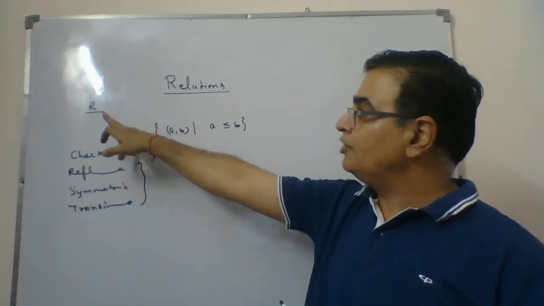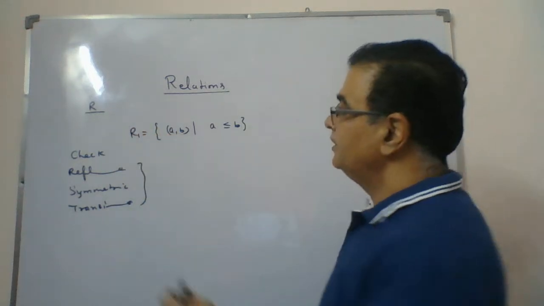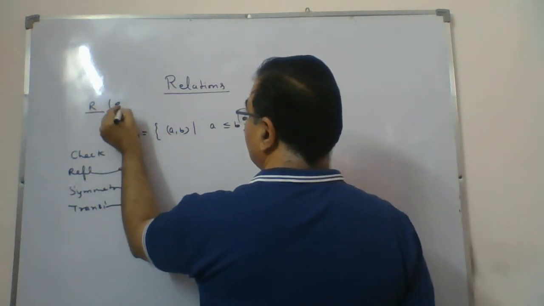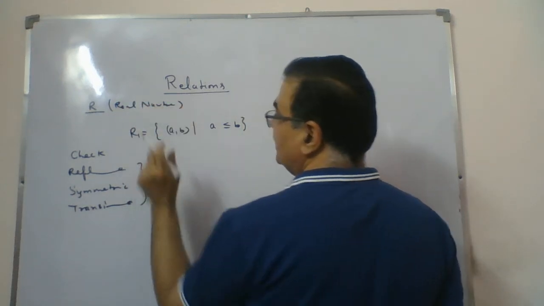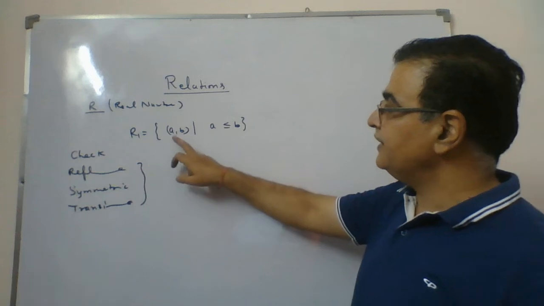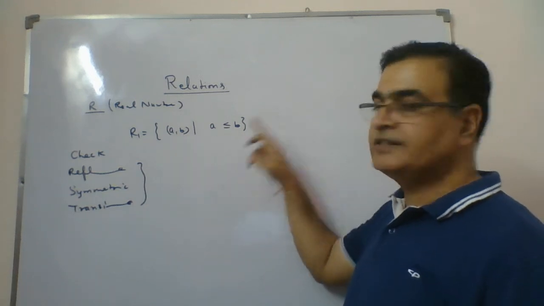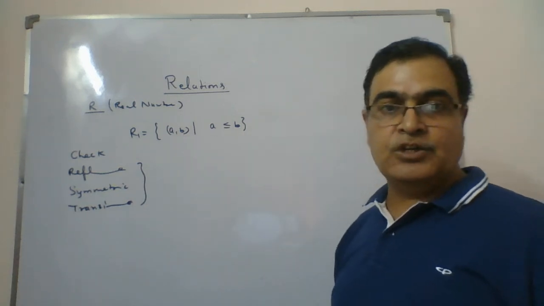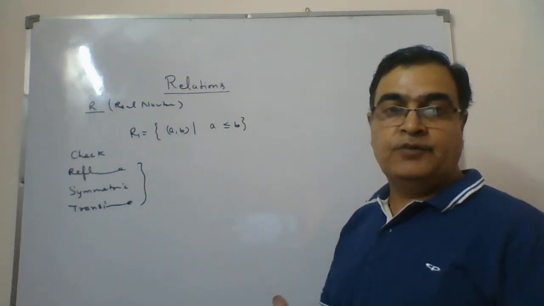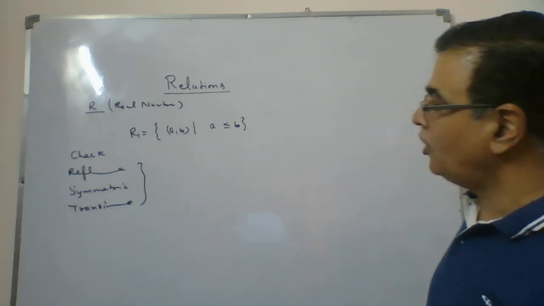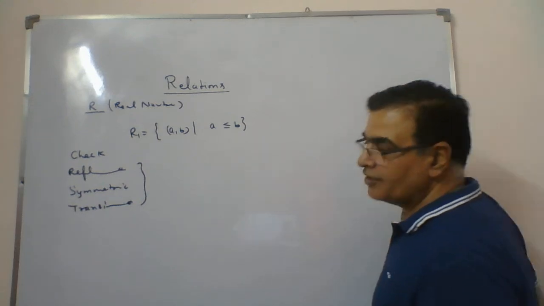This is a relation defined on real numbers, and this is denoted by R1, and what it says is that it is related if A is less than or equal to B. Then we should have the relation valid, and we have to check whether it is reflexive or not, symmetric or not, or transitive or not.